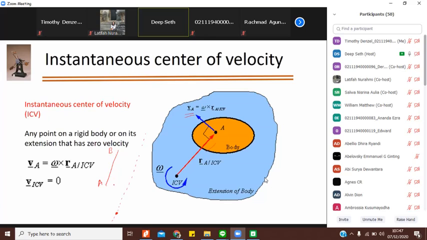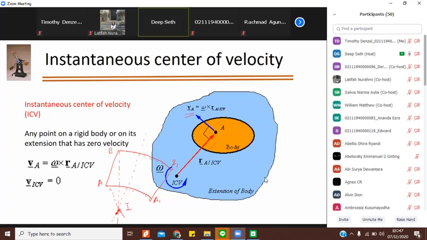So let's say now your link is here, and after some time it reaches somewhere here, so here is the new location of link AB. It is making this path, and this link is rotating about this point I, which is your instantaneous center of rotation.